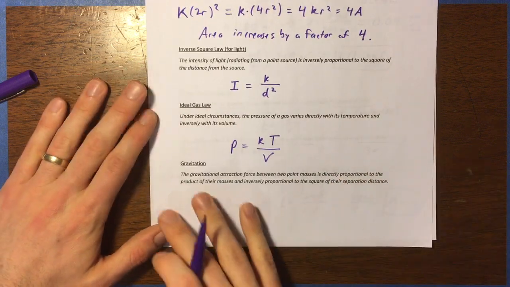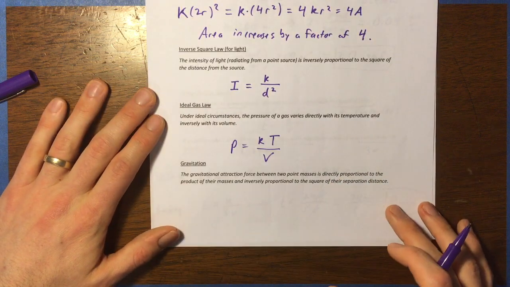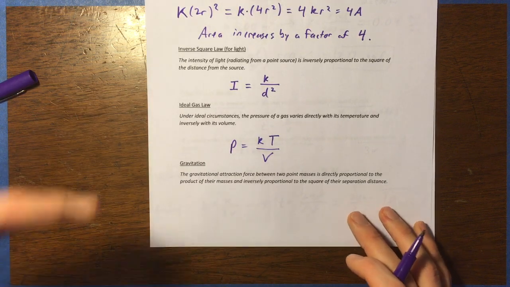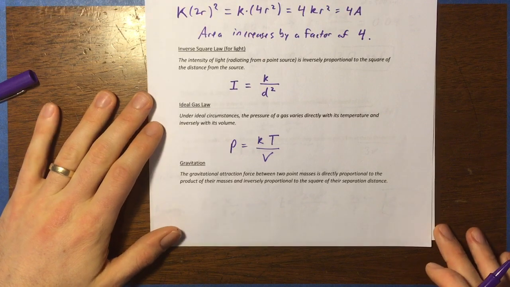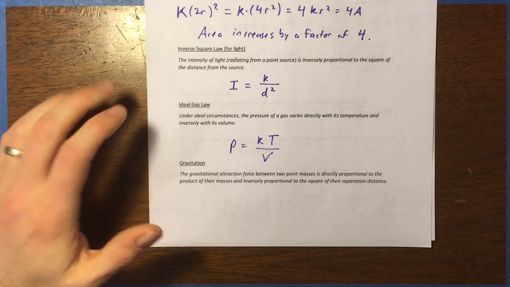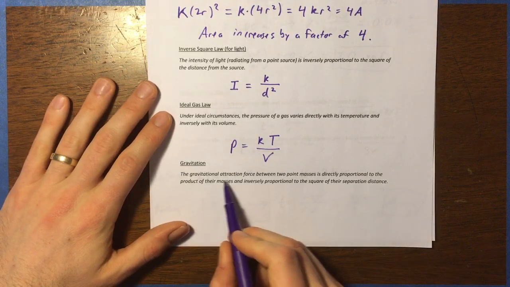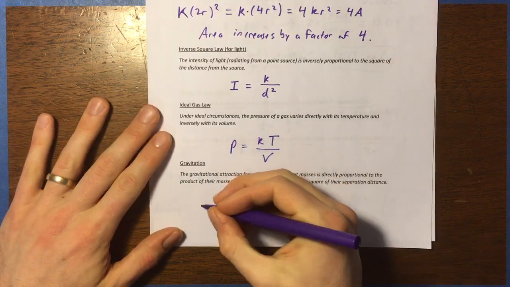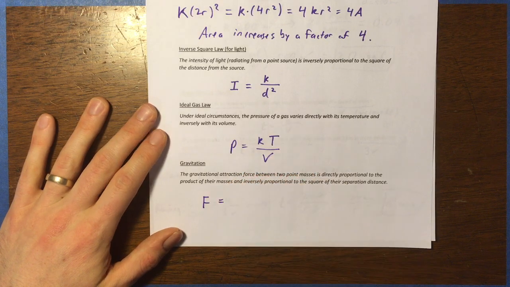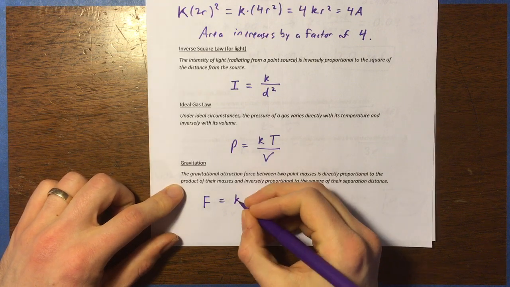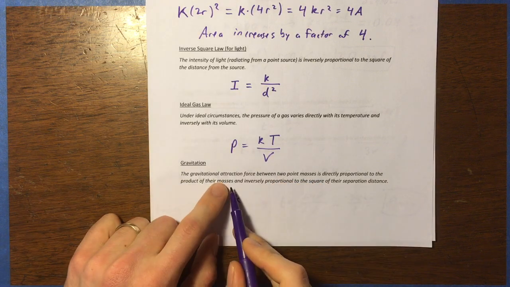And then the last one is the gravitation law. This is called Newton's universal law of gravitation. Isaac Newton was the first person to figure out this law, and it has been experimentally verified tons of times by physicists as well. And it says the gravitational attraction force between two point masses, so that's like the center of gravity of one object and the center of gravity of another object, that force of gravity is directly proportional to, so a K constant multiple of, the product of their masses.